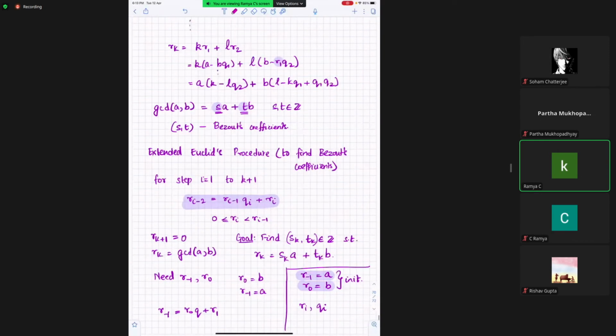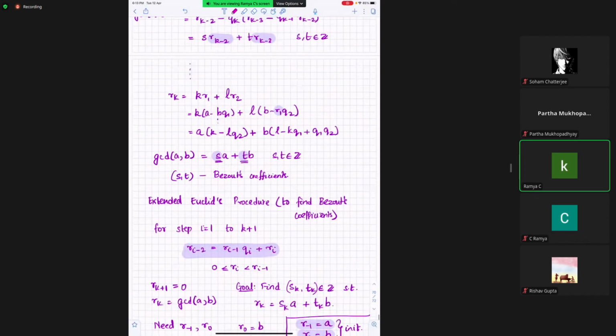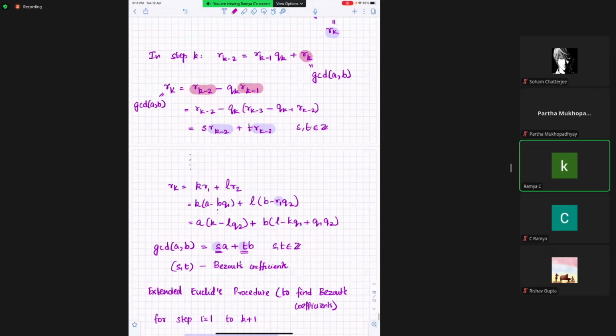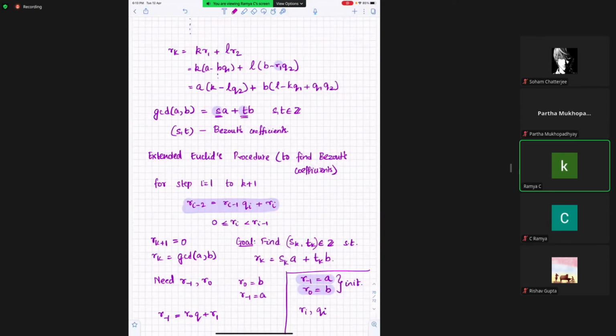For example, GCD of 102 and 38: explicitly write down what R1, R2, R3 are, do backward substitution, and also try the extended Euclid's algorithm without backward substitution. If I give you two numbers and ask you to find the Bezout coefficients, you have to write down this procedure and say what S1 and T1 are at each step.